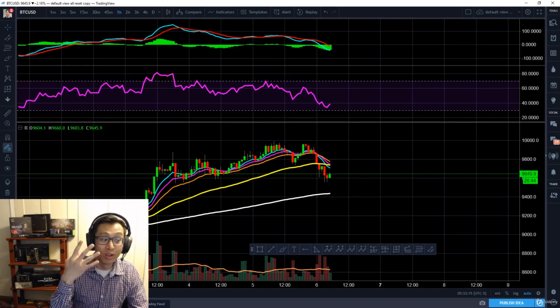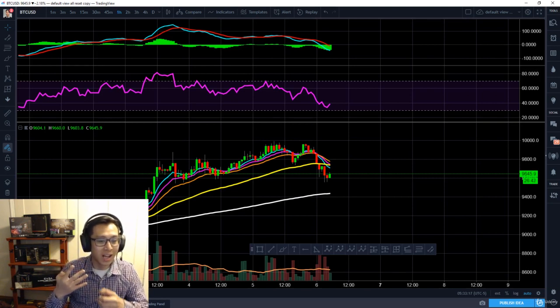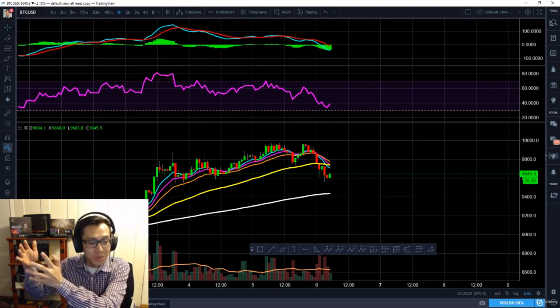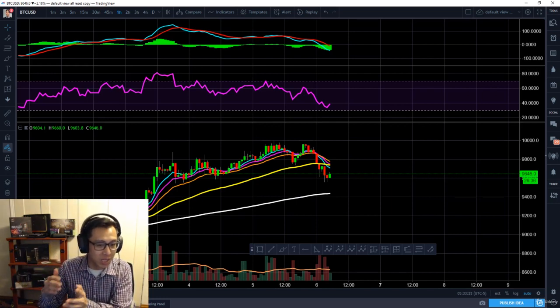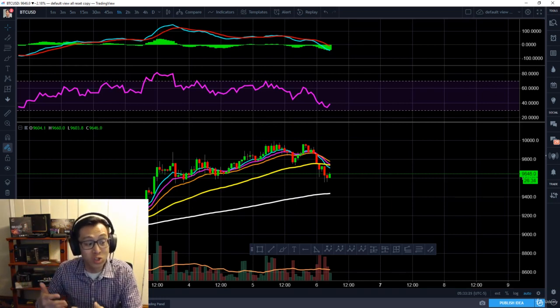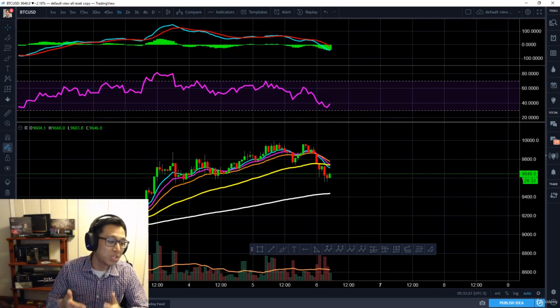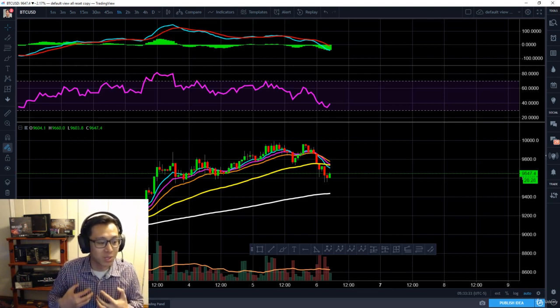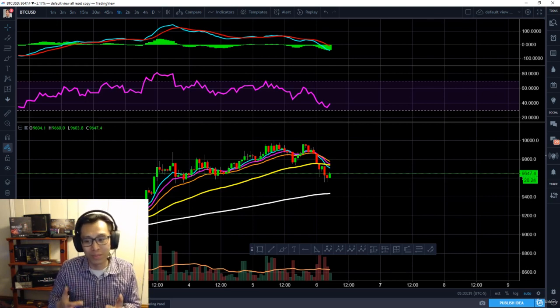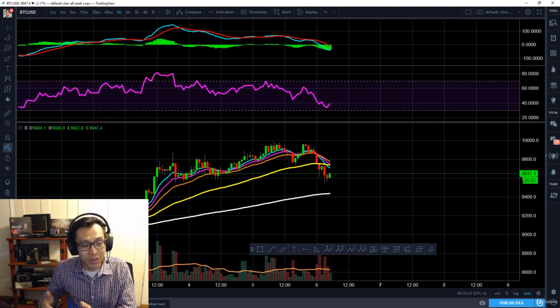That's what we call confluence, where we're finding a lot of different reasons for leaning towards one specific way, where it gives us a higher probability to make this trade, right? So that's why we use technical indicators. We use them to find confluence, to give us a reason to have a higher probability and a reason for entering this trade.